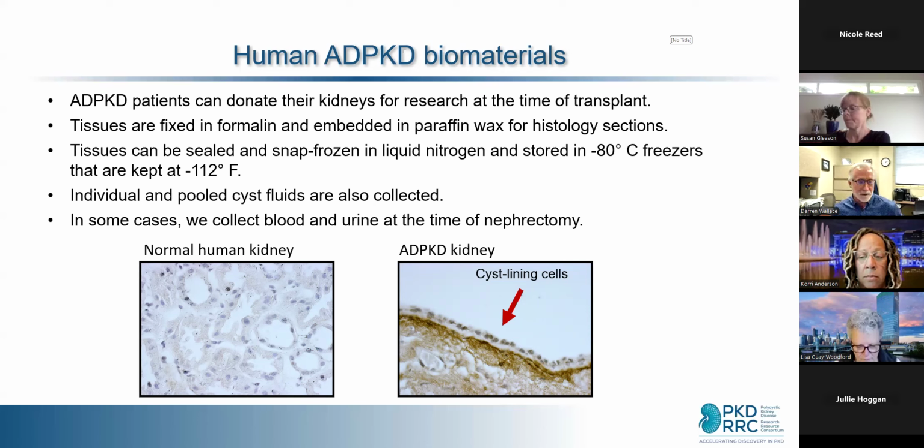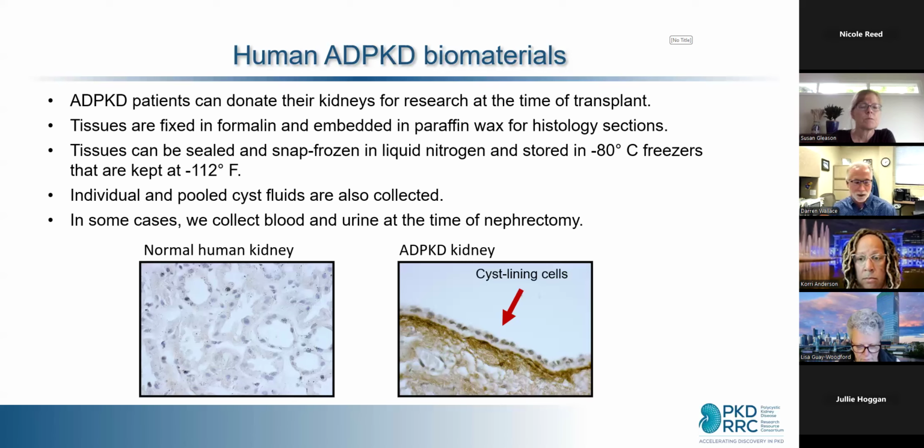And then when we receive these kidneys, the tissues can be isolated and fixed in formalin or paraformaldehyde. That just mainly fixes the tissue so that it doesn't break down. And then we can embed that tissue in paraffin wax for histology sections.